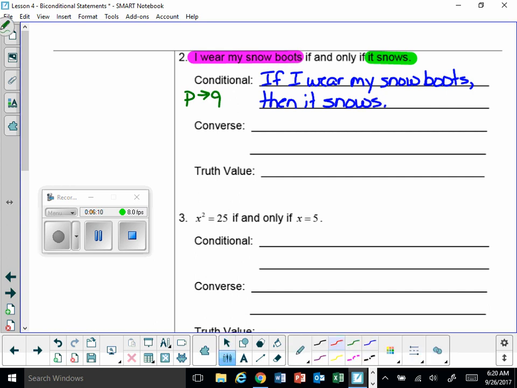My converse, I'm going to change the order, Q, then P. If it snows, then I wear my snow boots.